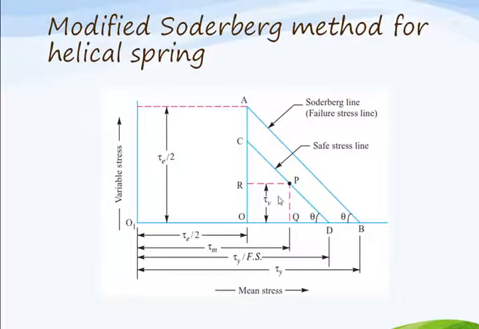For the design, you have to take some point at tau m, the mean stress, and tau v, the variable stress. Using this point P, we derive the relations.